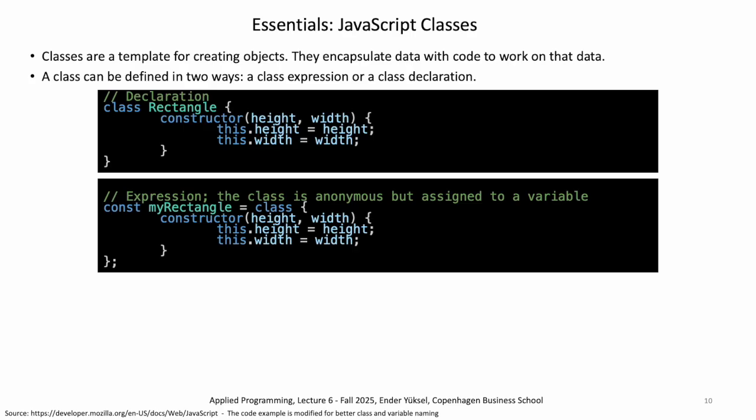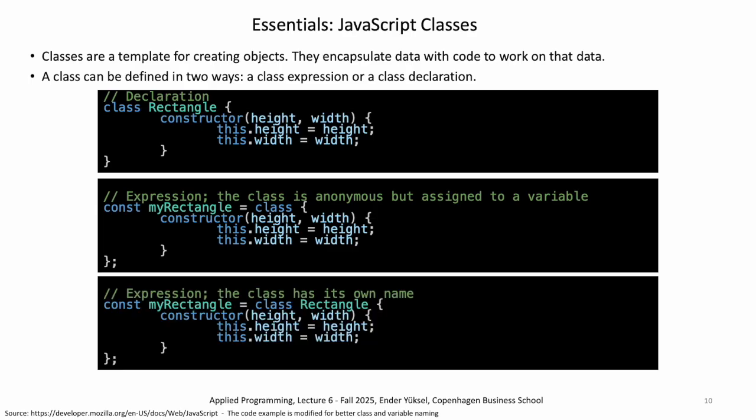The class itself has no name, only the variable does. The last example is named class expression. This combines both approaches. The class has its own internal name, which is Rectangle in this case, and it is assigned to a variable, which is myRectangle.